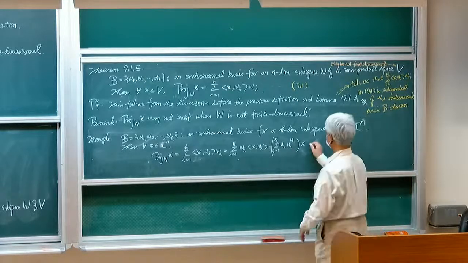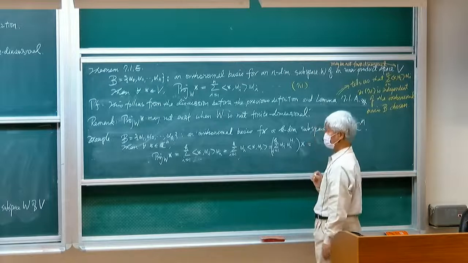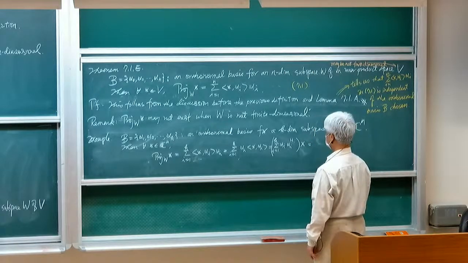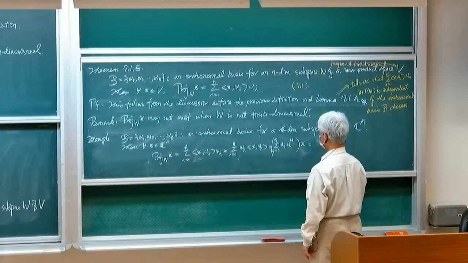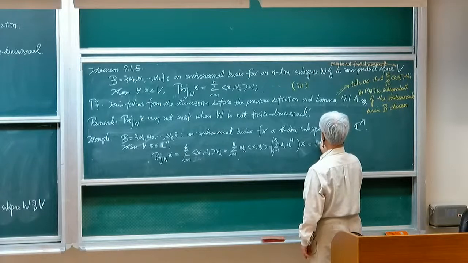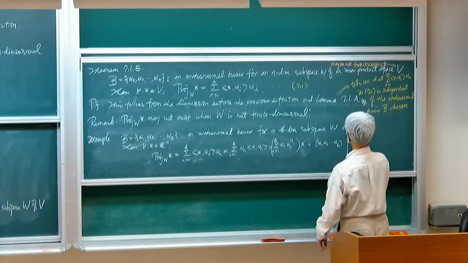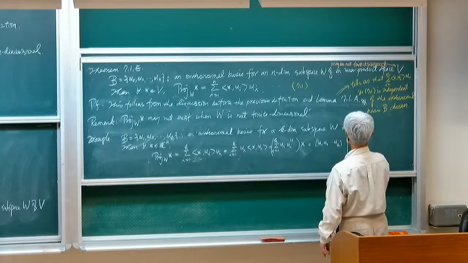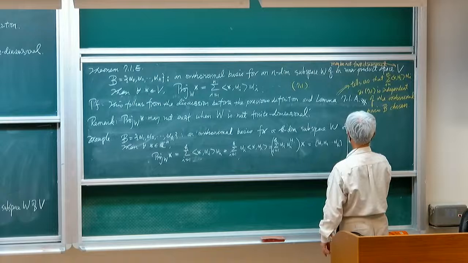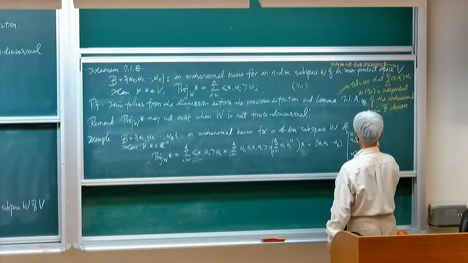And what is that? Very interesting thing. You can think about this as u1, u2, ..., uk, and the row vector u1 Hermitian, u2 Hermitian, ..., uk Hermitian, and the x here.